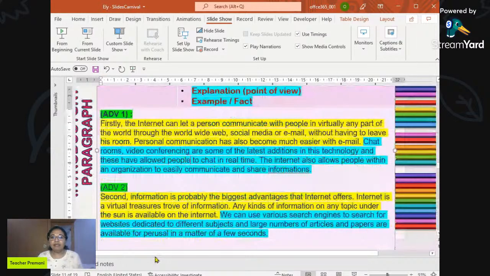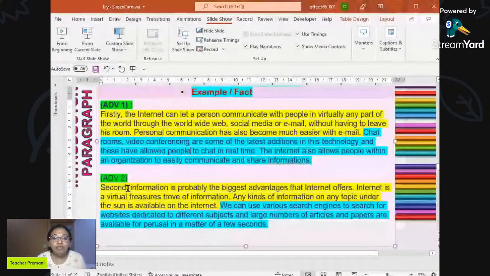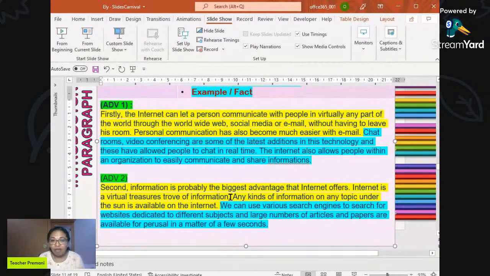Second advantage. Secondly, information is probably the biggest advantage that the internet offers. The internet is a virtual treasure trove of information. Very good expression, right? If you cannot think of it, a virtual information platform also works. Any kind of information on any topic under the sun is available on the internet.